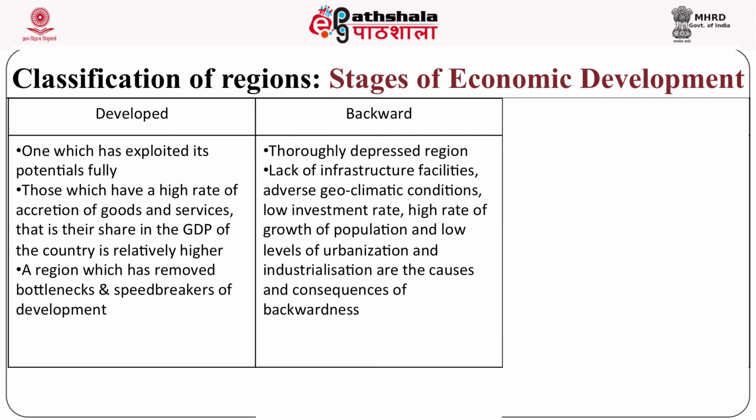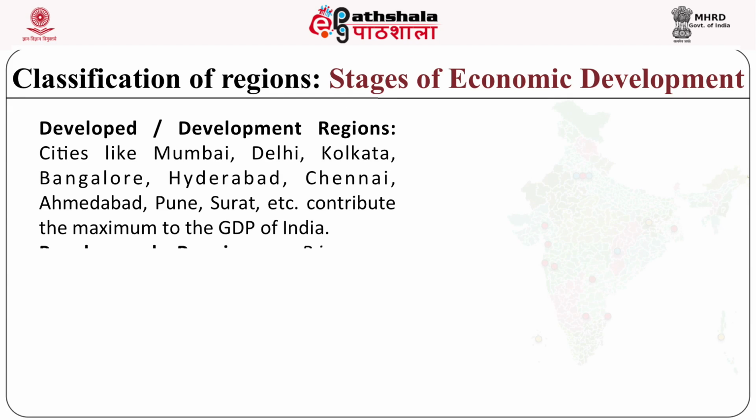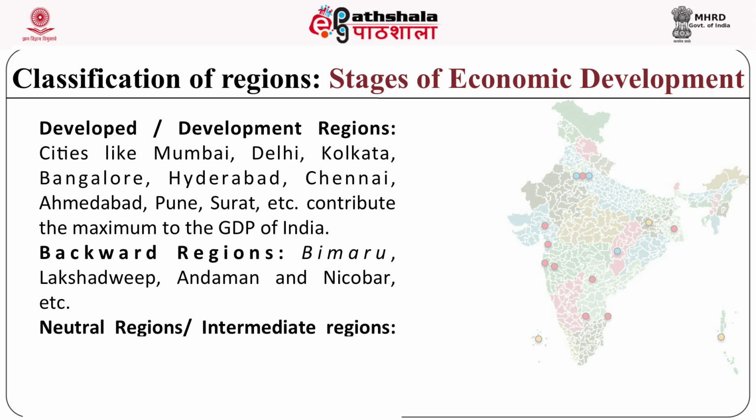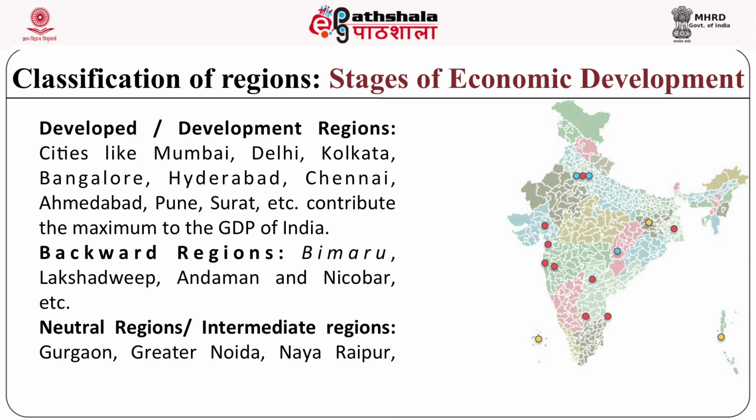In the Raghuram Rajan panel report on state backwardness in 2013, we find Odisha, Bihar, Madhya Pradesh, Chhattisgarh, Jharkhand, Arunachal Pradesh, Assam, Meghalaya, Uttar Pradesh, Rajasthan, also Lakshadweep and Andaman and Nicobar Islands, stated as backward.